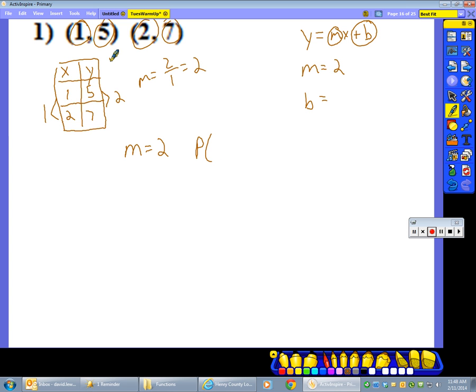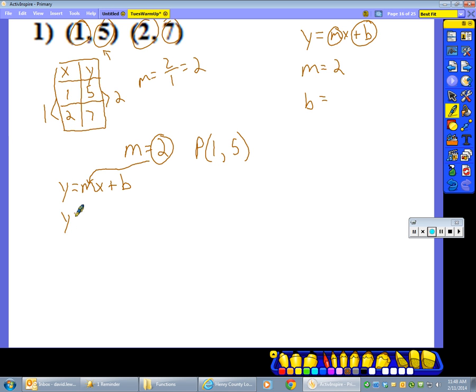So I'm just going to go with this first coordinate pair, 1 and 5, and I am going to find out what my y-intercept is. I'm going to start off with y equals mx plus b, so you can follow along with what I'm doing, and I'm going to take 2 and sub that in for m.